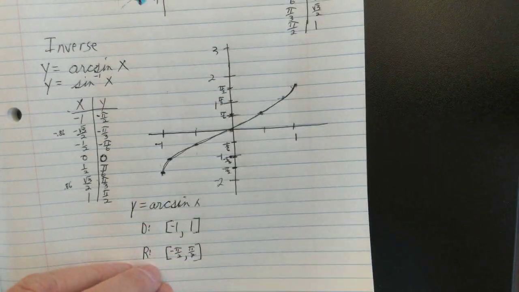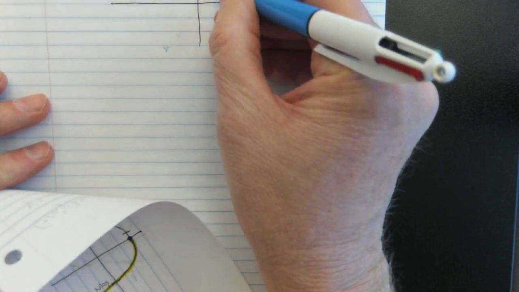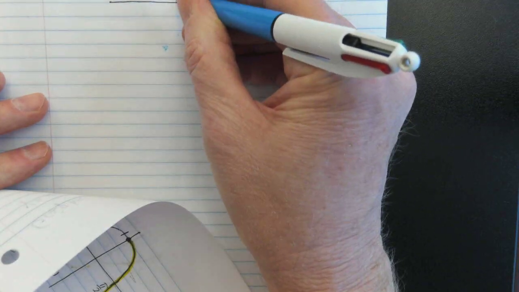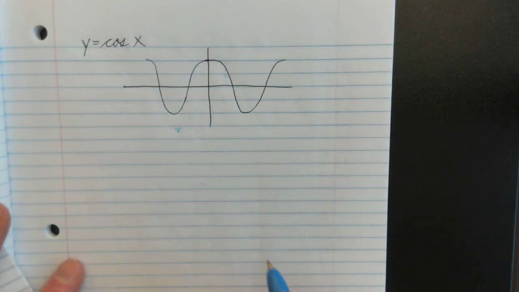All right, now let's do cosine. If I'm graphing just the normal cosine parent function, kind of looks like that. Yep.